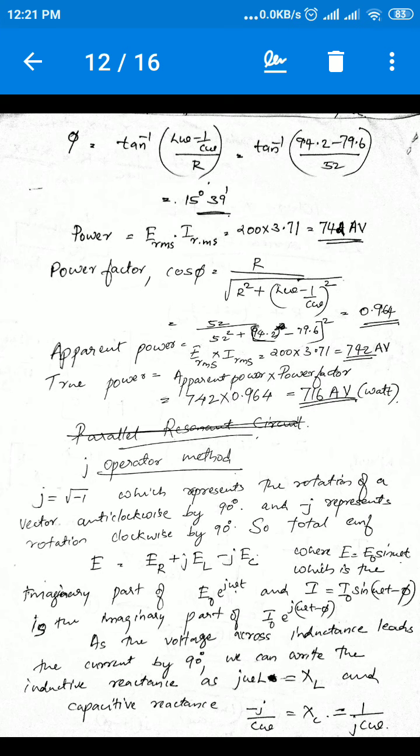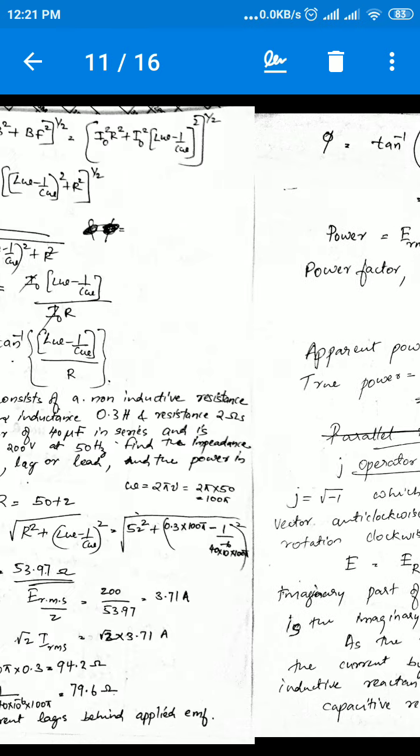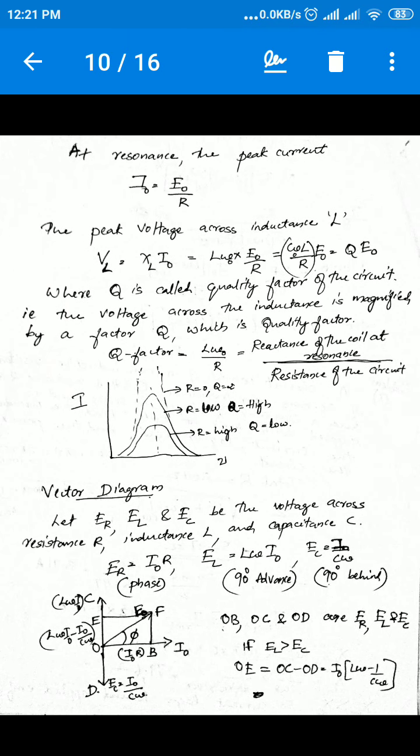If the lag we know phi and the angle we know, then you can find the power factor, and that is cos phi from that vector diagram. What is the cos phi angle? Cos phi means I0R by what?